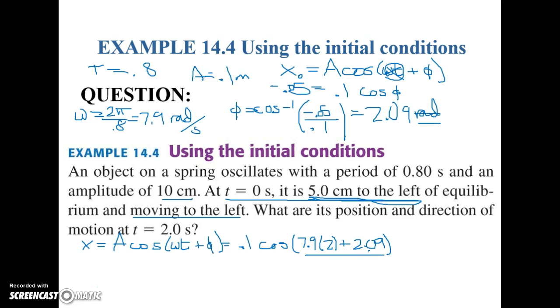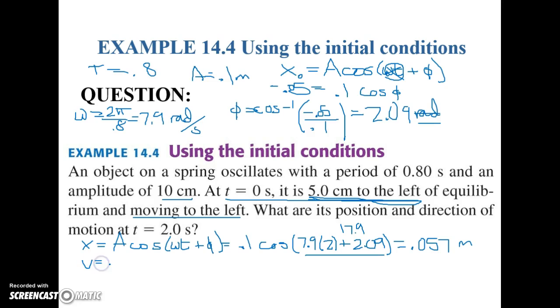Just so I know what that value is, that is 17.9. Now if I take the cosine of that and then times 0.1, I get 0.057 meters. And it's positive, so it's over on the right.